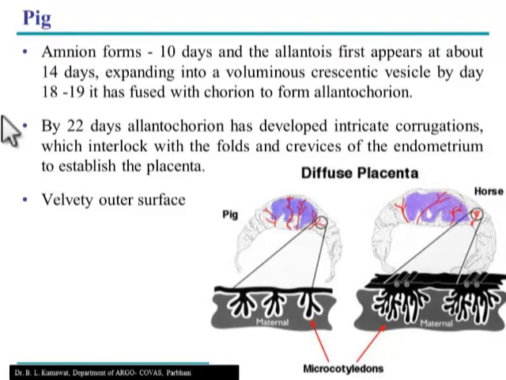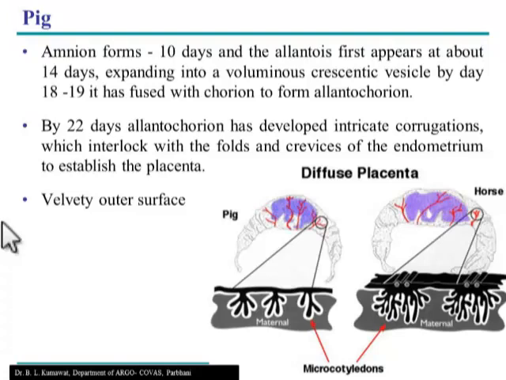In pigs, the amnion begins to form at around day 10, and allantois first appears at about day 14 of gestation. And don't you think the development of these extra-embryonic membranes, amnion and allantois, is quite early in this particular species as compared to other animal species?